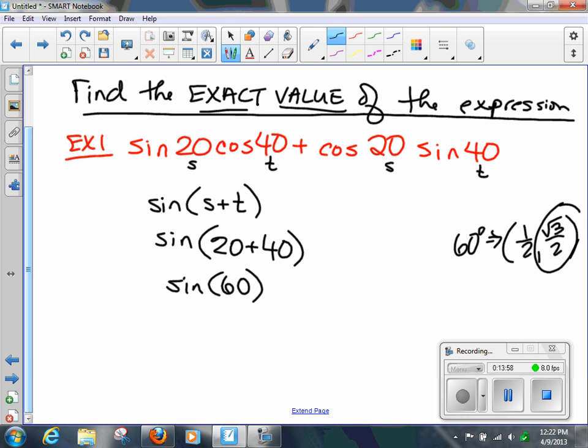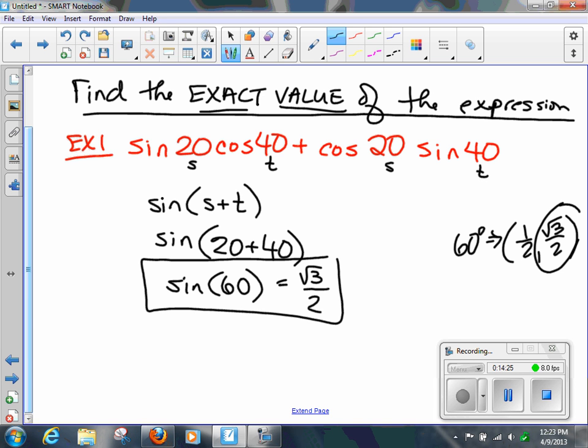No, we're done. This is the answer. Did I find the sine of the 60-degree angle? Right? That's it. That's so easy. Any questions? Isn't it just working backwards?